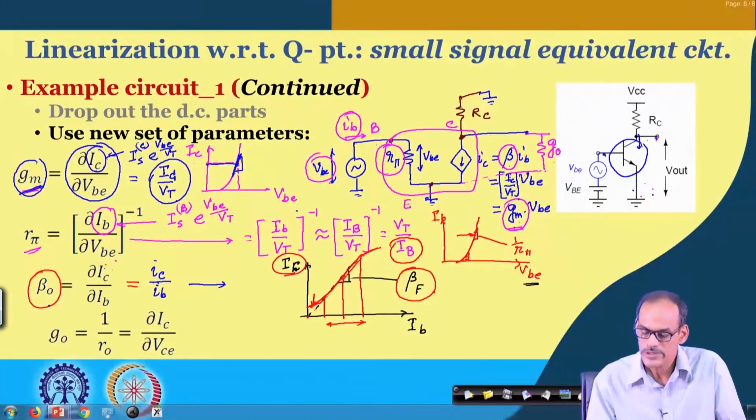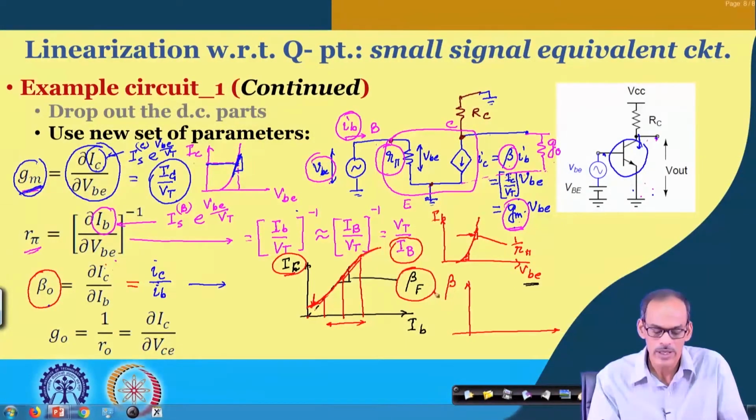So, if we sketch the variation of the beta, either beta f or beta naught, with respect to I c, in the middle range it remains fairly constant. If you go to very low current, it may drop, and likewise if you go to higher current, it may drop.